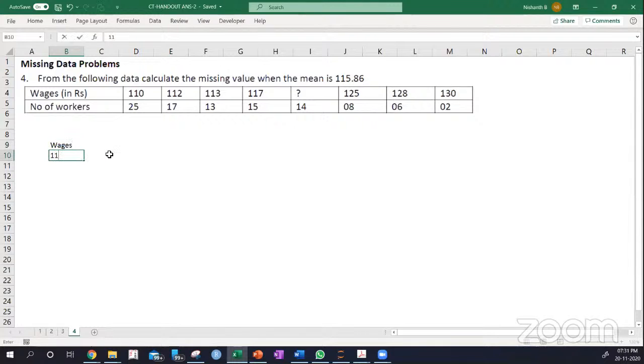Okay, so 110, 112, 113, 117. So that is that question mark. I treat it as A, 125, 128, 130. Then you have number of workers.